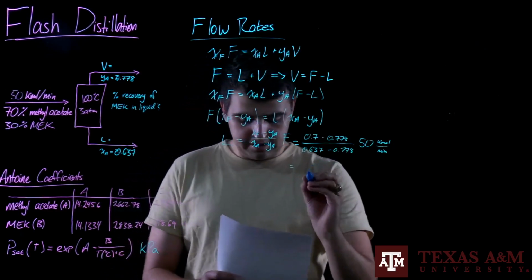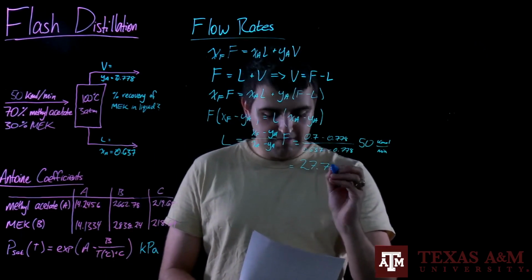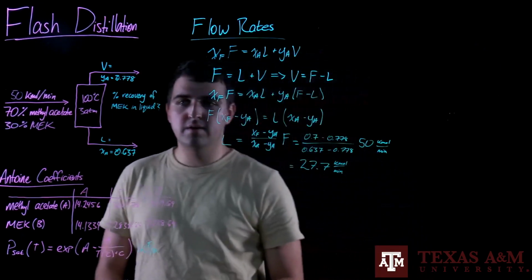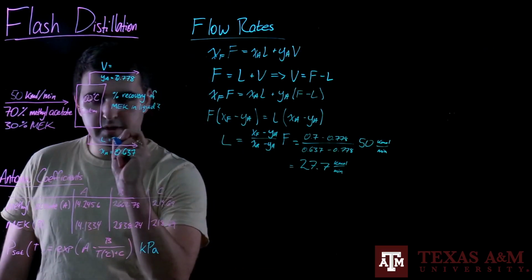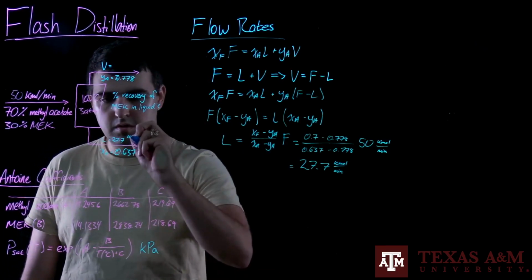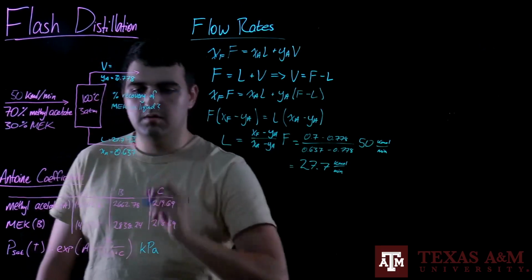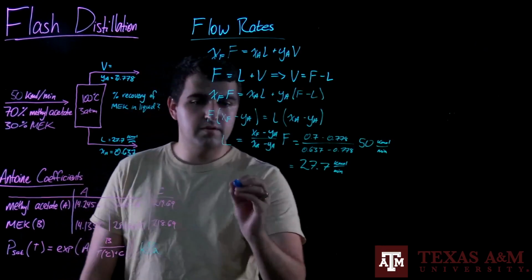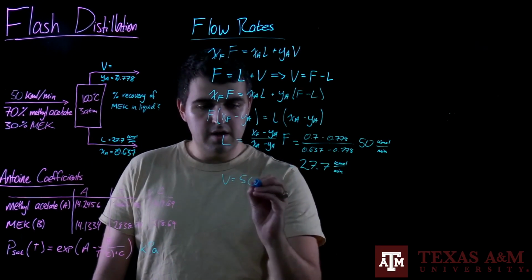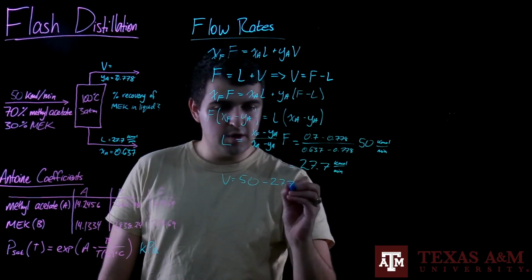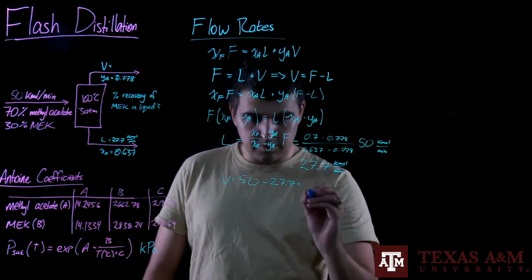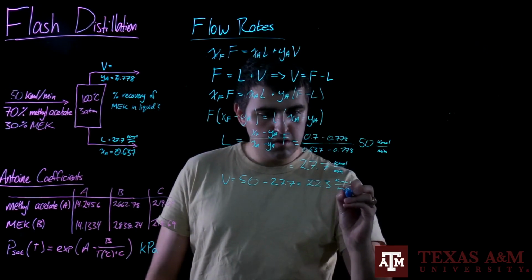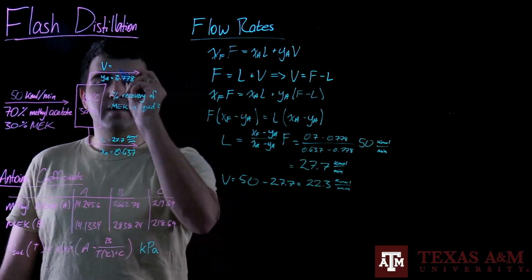And we get a final answer as 27.7 kilomole per min, which we can go ahead and write over here. Finally, just using this equation again, we have V is equal to F minus L, which just gives us 22.3 kilomole per min. And we can go ahead and write that up here.